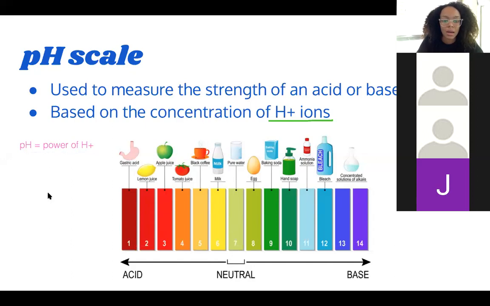So anything, again, below 7 is an acid or the adjective form. Anyone know what's the adjective form of acid? Acidic, okay? And then above 7 is a base. What's the adjective form of a base?